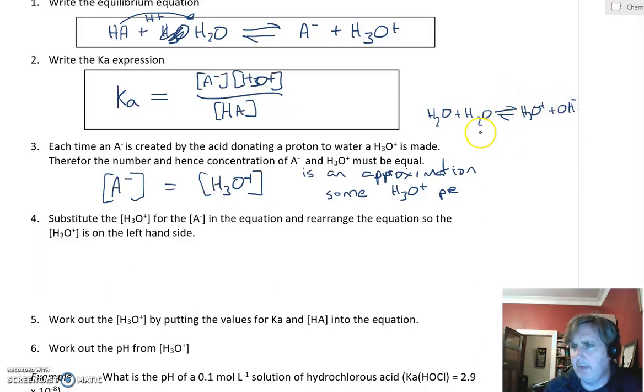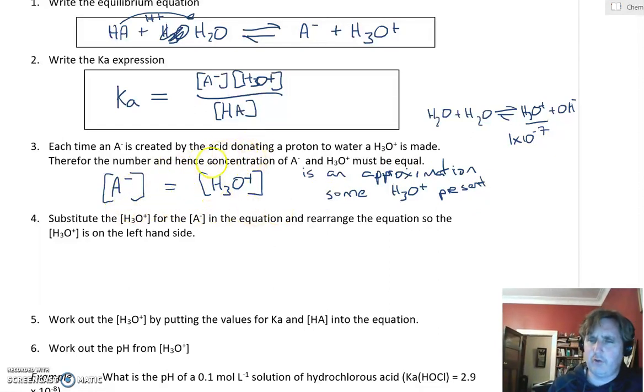In a neutral solution the concentration of H3O plus is 1 times 10 to the negative 7, so there is some present, but for most cases we can ignore this because the concentration of our conjugate base is far bigger than 1 times 10 to the negative 7. We need to think about that in special cases, but most of the time this is true.